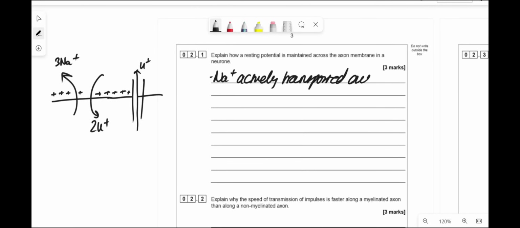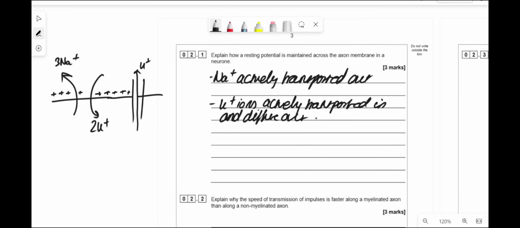You cannot just say sodium and potassium, you need to say sodium ions and potassium ions, because they are dissolved in solution and they're missing an electron, whereas sodium on its own has all its electrons and is a solid. So just make sure you say that. So sodium ions are actively transported out, and K+ ions are actively transported in and diffuse out. So they just freely move by facilitated diffusion out.